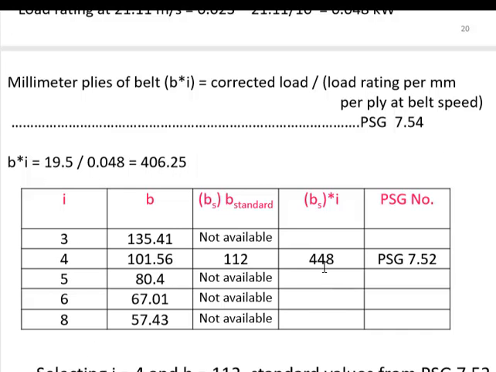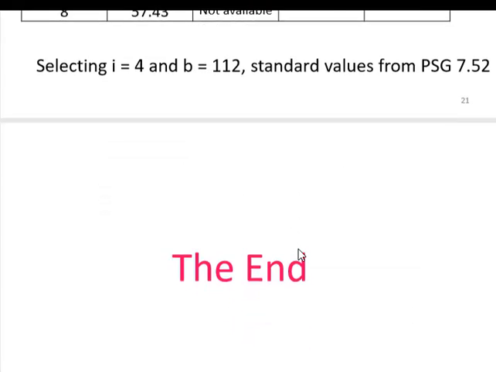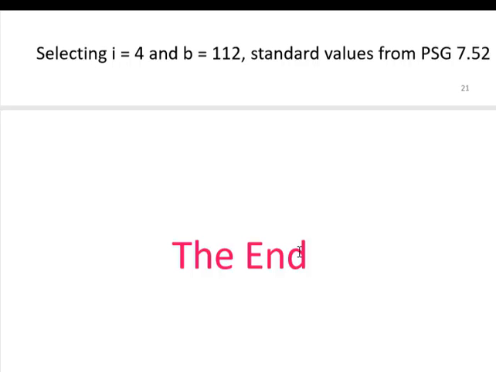So we can select I is equal to 4 and B is equal to 112 with confidence, and the system will become more safer. This particular value of standard B is available in page number 7.52. By this point we have finished the flat belt design.